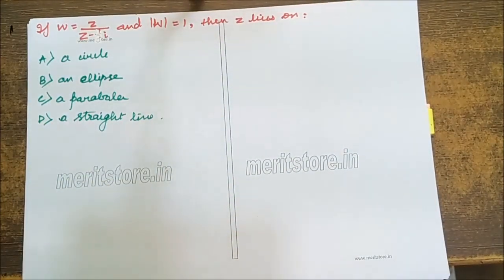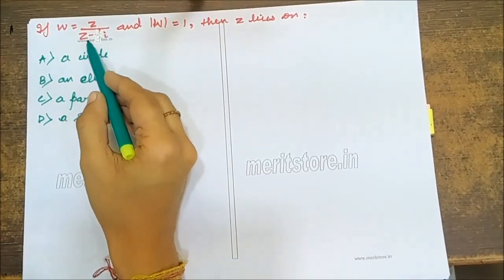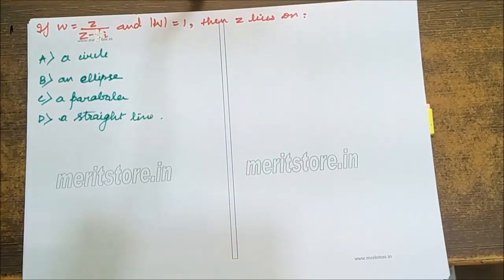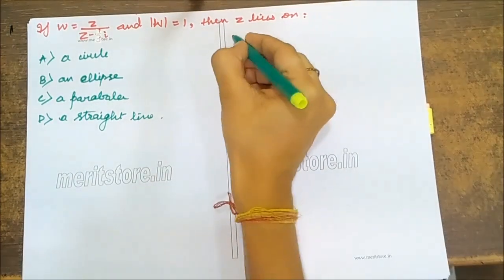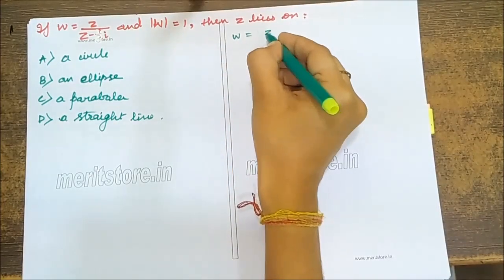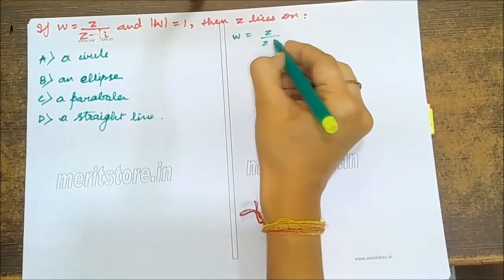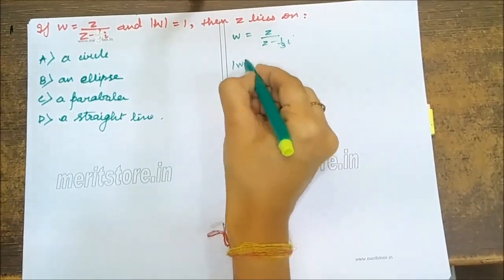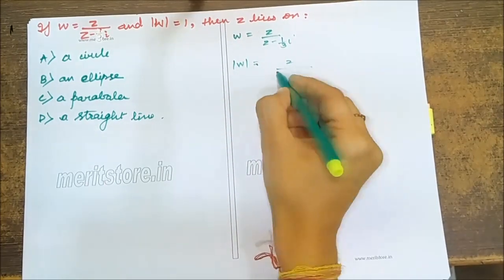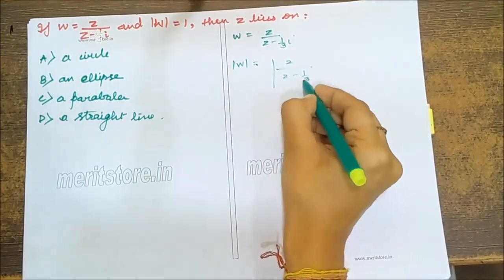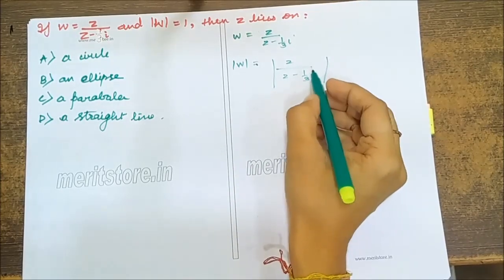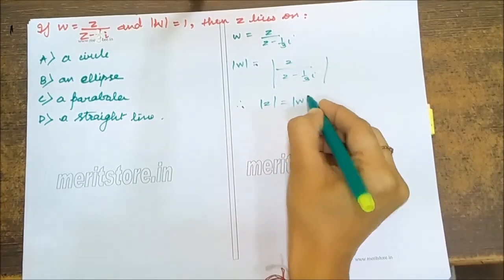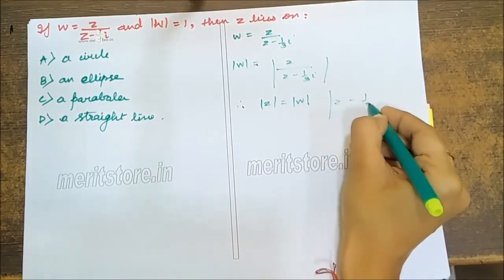If w is equal to z upon z minus 1 upon 3i and modulus of w is equal to 1, then z lies on. So let's say w is equal to z upon z minus 1 upon 3i. So modulus of w will be modulus z upon modulus z minus 1 upon 3i. Therefore modulus z is equal to modulus w times modulus z minus 1 upon 3i.